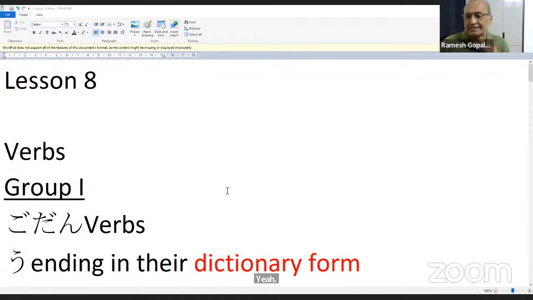Yeah, this is lesson 8. And we are now seeing verbs. Now, verbs are classified as 2.